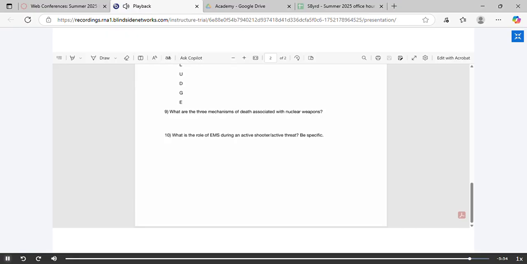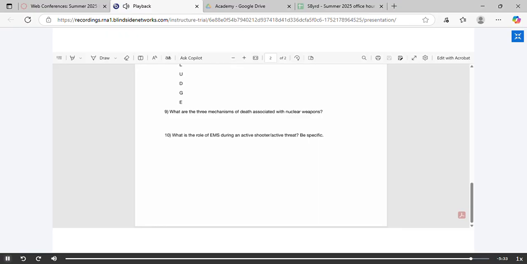It can cause fires. It's going to burn you and your patients. And then the third one is the radiation, the ionizing radiation that's emitted in forms of rays and particles from the nuclear weapons. Those are the 3 mechanisms.